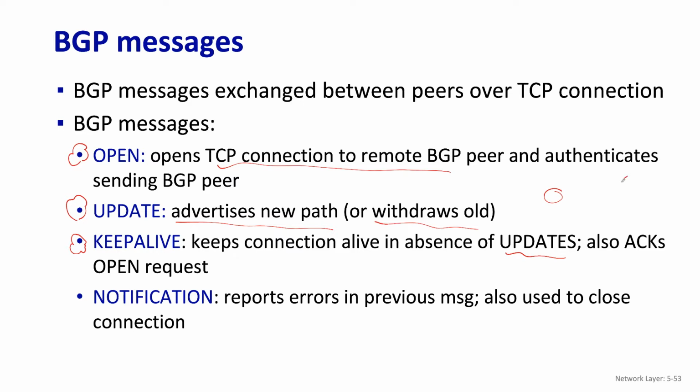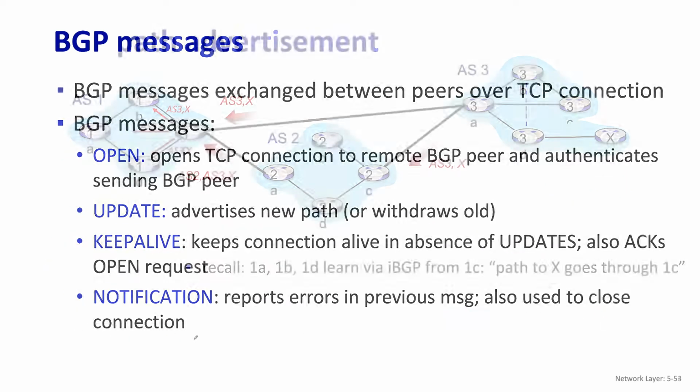That means if you have two routers here, you don't want to close this connection, so you won't need to establish a new connection. It is used as a signal not to close the connection. Notification is used when you want to report an error in the previous messages. In addition, sometimes we use it as a close connection message.